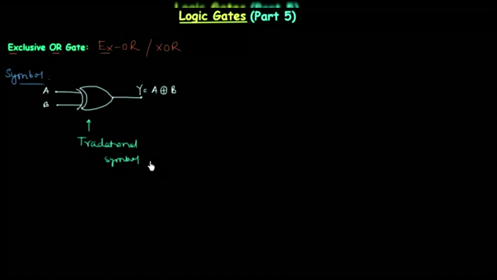So this is the symbol for XOR gate, and this symbol here is traditional symbol. We also have symbol from IEEE, so let's make the IEEE symbol of XOR gate. First we have to make one square, and inside this square we'll write equals to 1. Two inputs are A and B, and this is the output Y. This symbol is IEEE symbol.